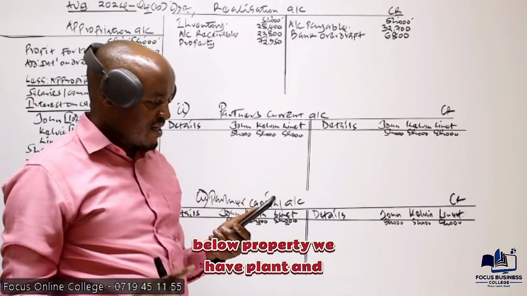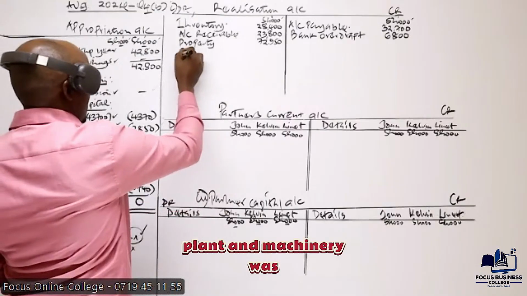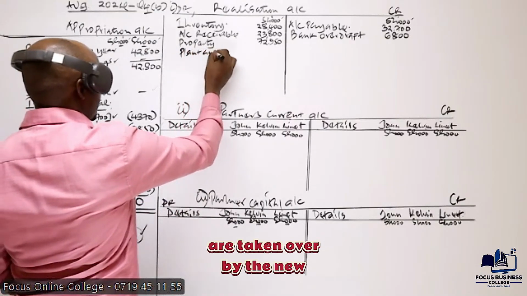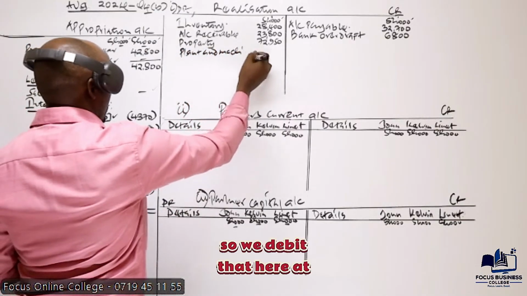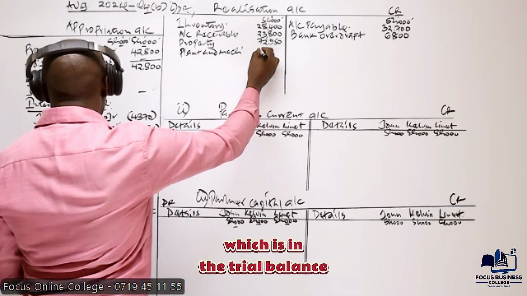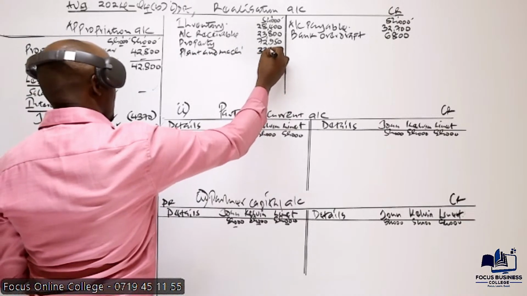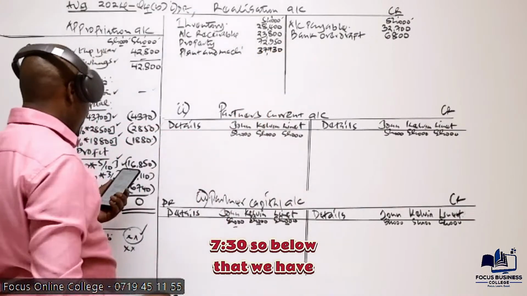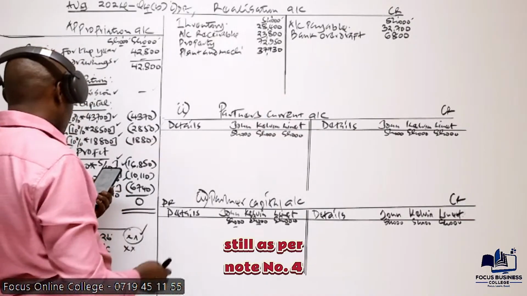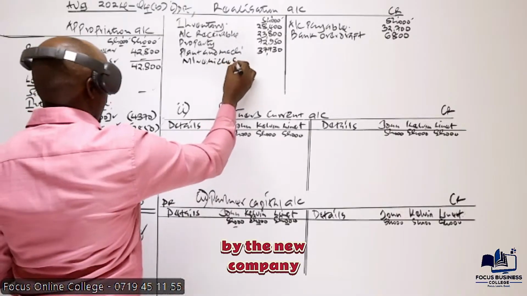Below property, we have plant and machinery. As per note number 4, plant and machinery was taken over by the new company. So we debit that here at the carrying amount, which is in the trial balance. That is 730. Below that, we have motor vehicle, also taken over by the new company.